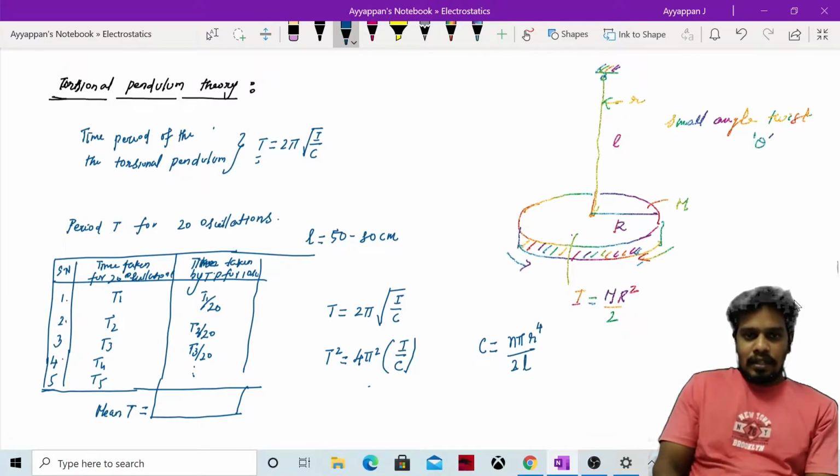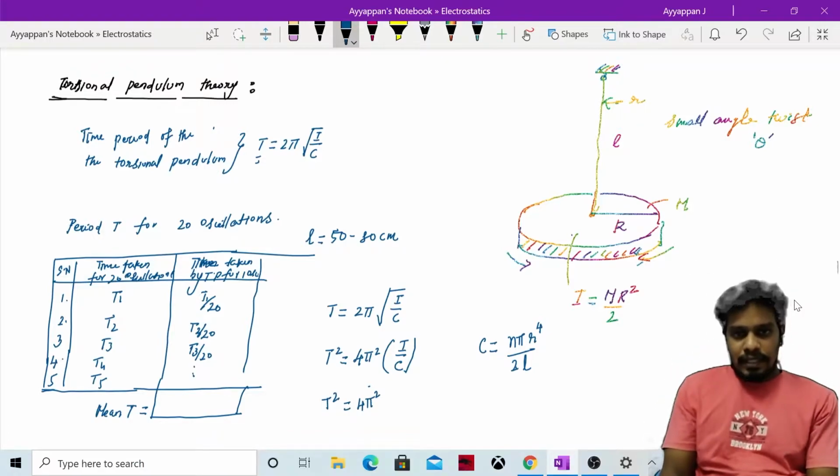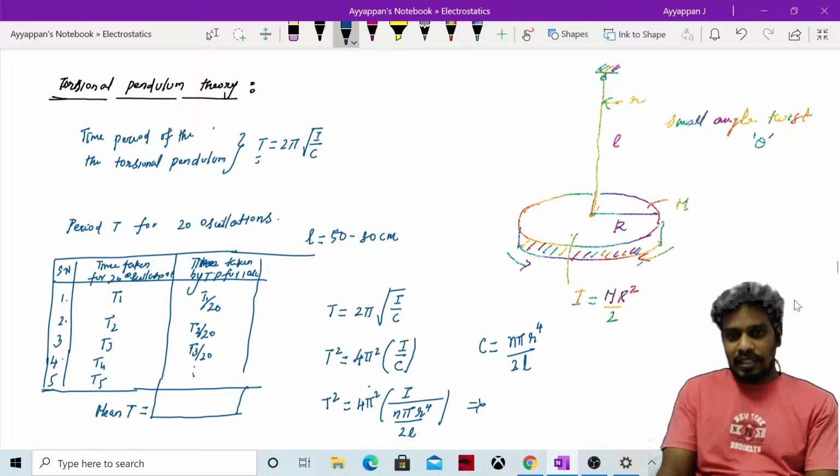If you substitute this value here, T square equals 4 pi square times the moment of inertia of the disk divided by the rigidity modulus of the wire times pi times the radius of the wire to the power 4 divided by 2L. If you rearrange this, you need to bring the moment of inertia of the disk to one side.